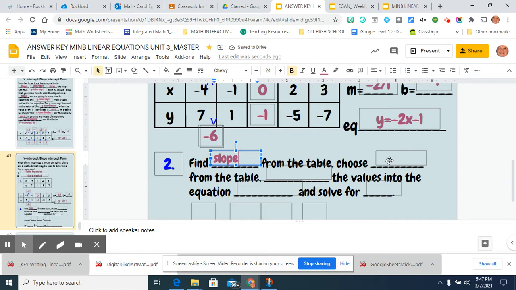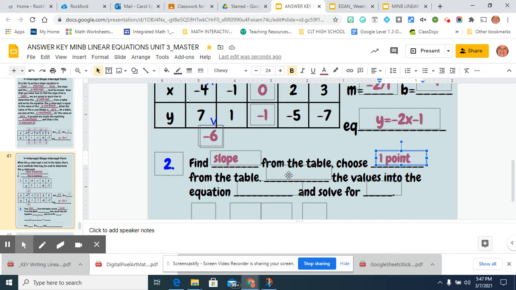And we're going to choose one point from the table. Now, I would suggest you choose an easy point, something that's easy to multiply by. Like -1 and 1 would be easy. 2 or -5 would probably be easier than the 7s or whatever else, or if there were fractions in there.